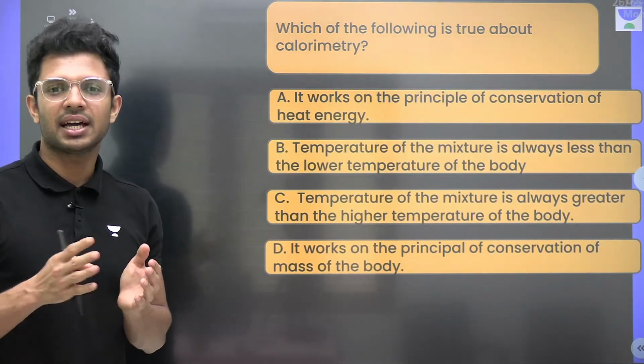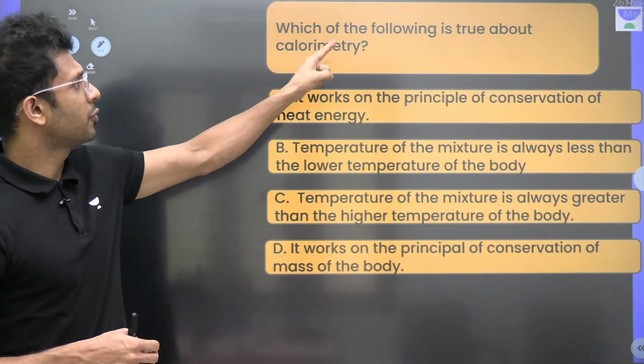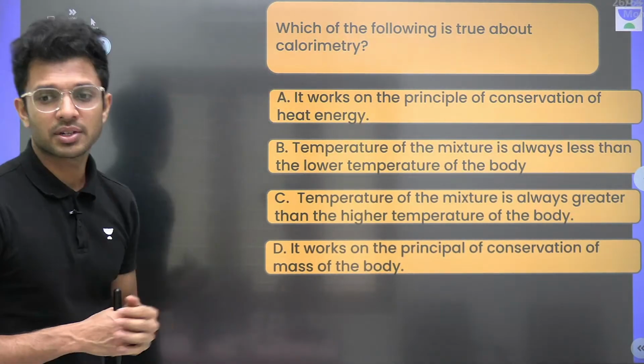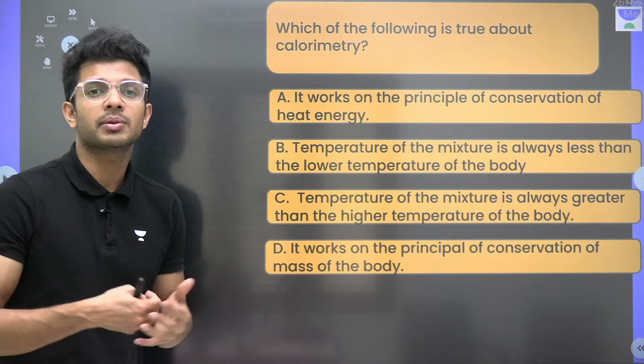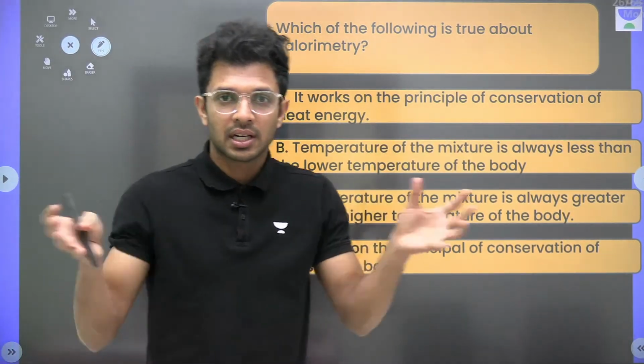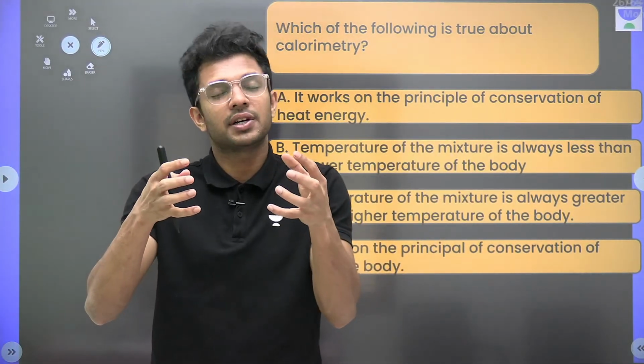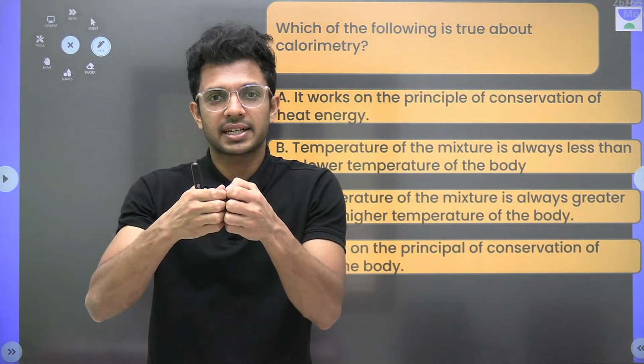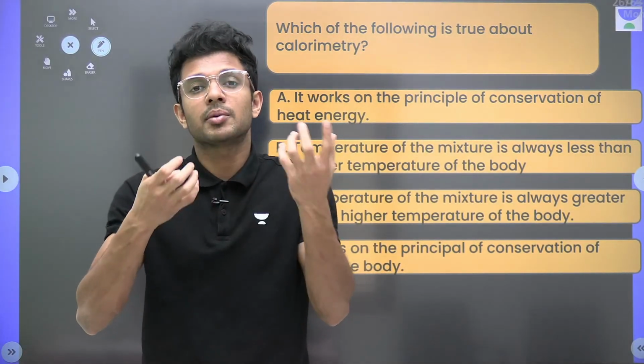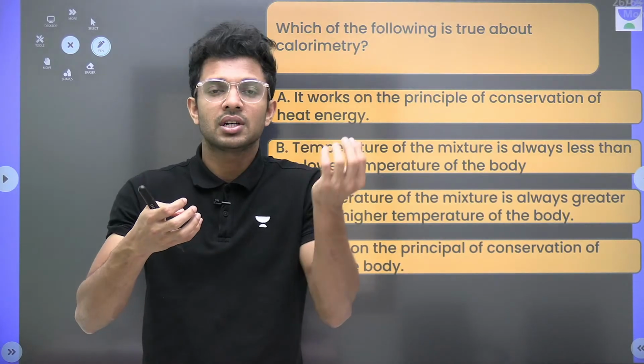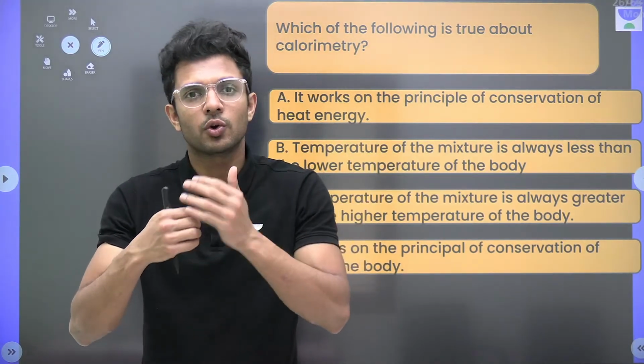Let's read the question and understand. Which of the following is true about calorimetry? What is being talked about in calorimetry? Let's say when two bodies of different temperatures are made in contact, what will happen? Right, from the body of higher temperature, the heat energy will be flowing to the body of lower temperature.